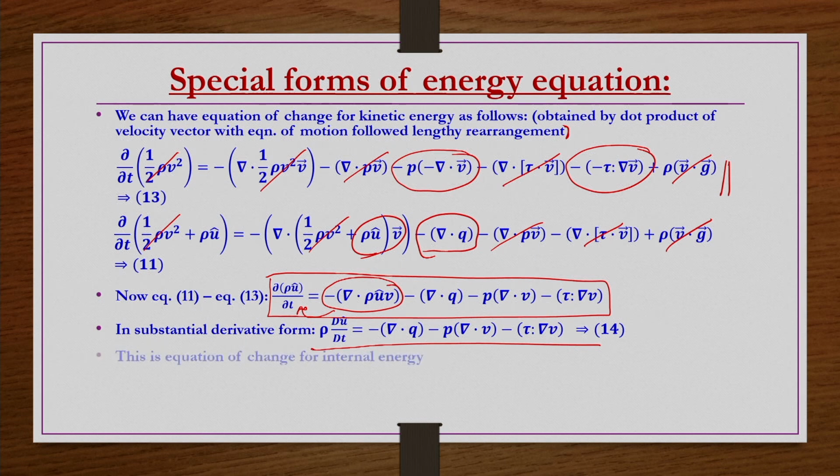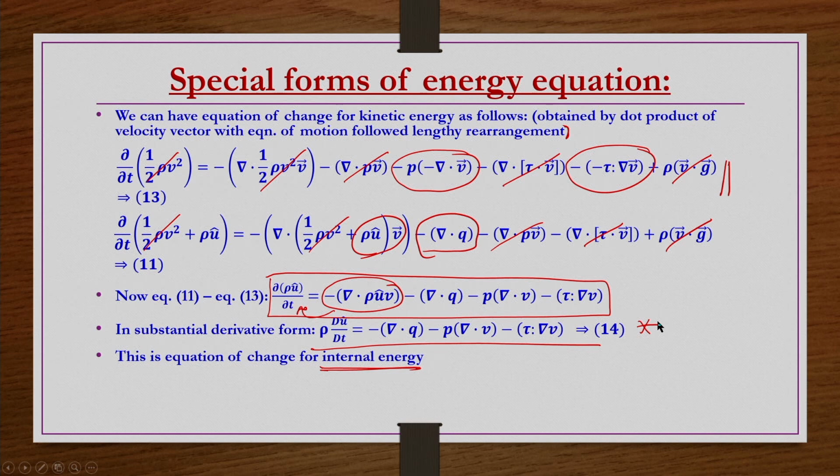So, this is nothing but the equation of change for internal energy. Initially we wrote the equation of change including all three energies: internal energy, potential energy and kinetic energy. Now, we are writing the equation of change only for internal energy. This is what we have derived.